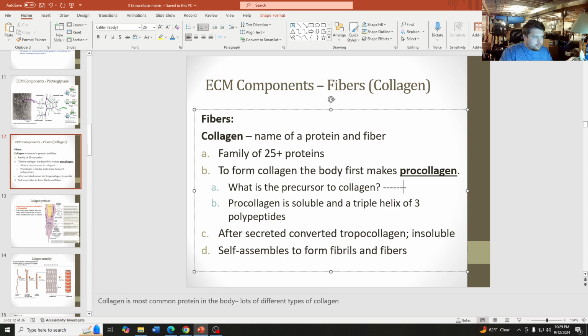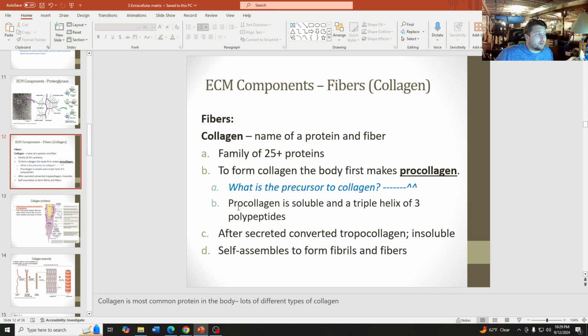Answer being procollagen. Some kind of question like that you're going to see worded in some way, probably with more words, because professors like to add more words than are necessary, but it's fine.